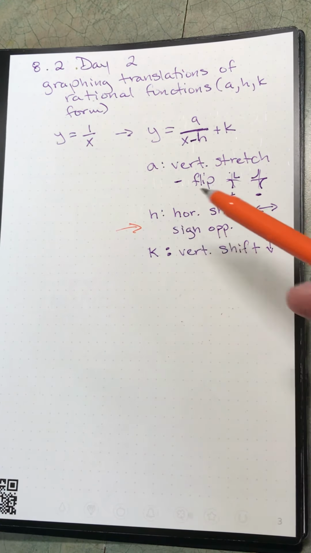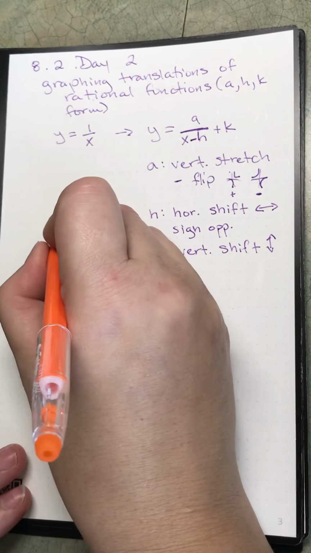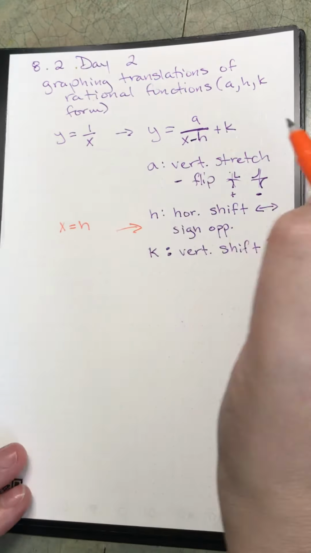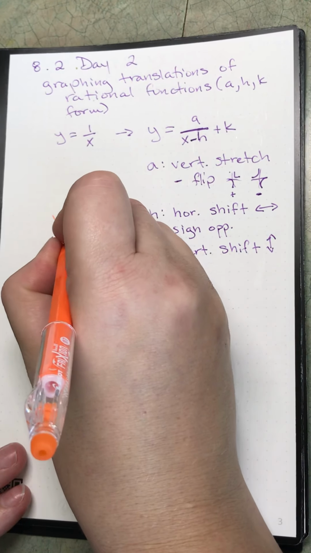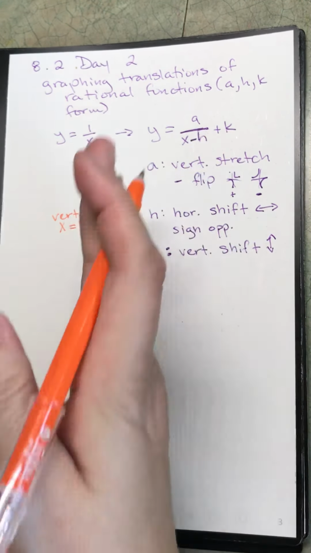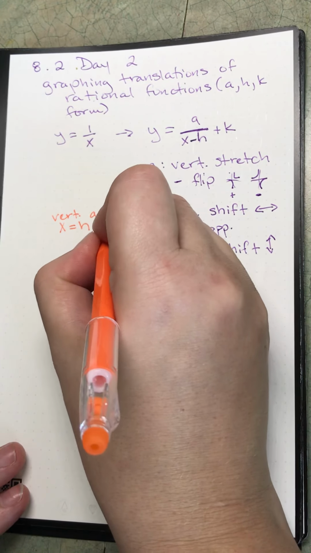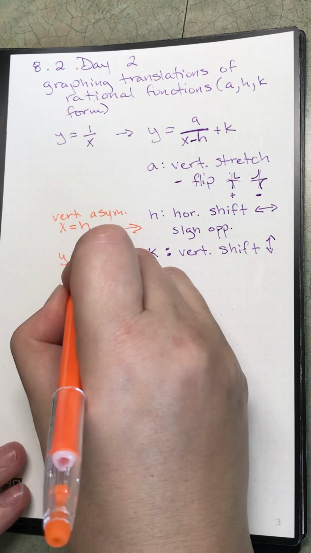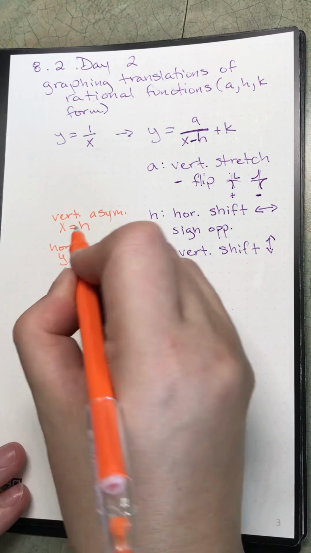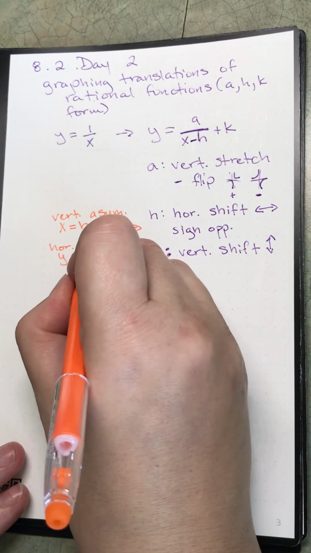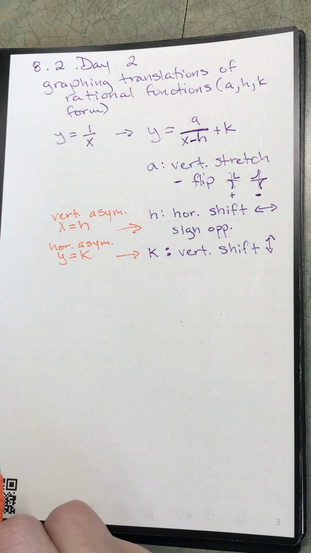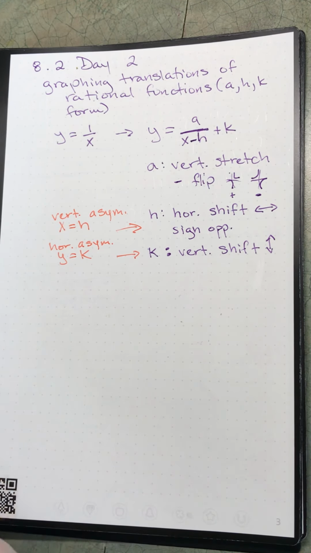So h becomes our new asymptote. So x equals h is our vertical asymptote, right? Because it goes up and down. And y equals k is our horizontal asymptote. Okay. So that ends up being pretty nice and handy.